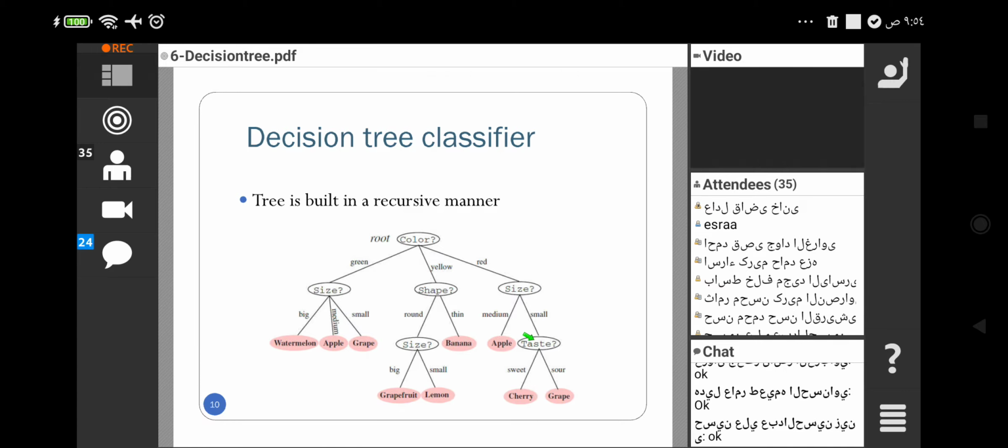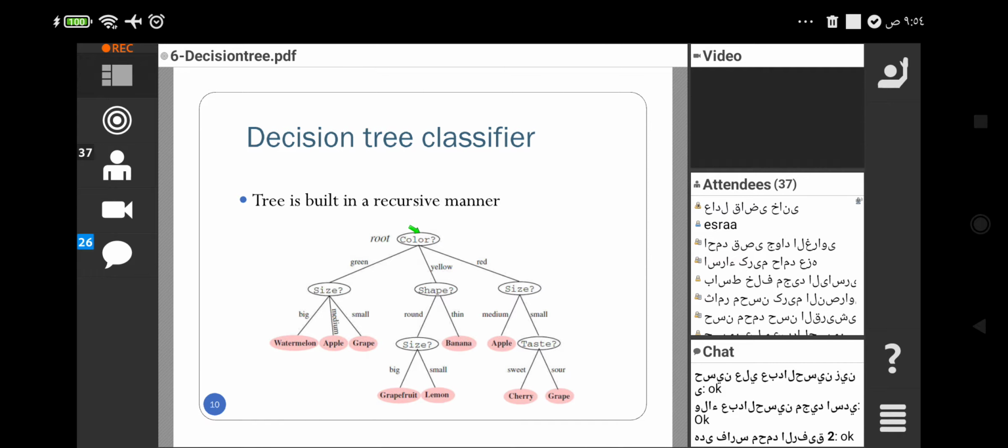In this tree, here we have color in the root node, then we have size here, then we have taste. So you see that in this branch of the tree, three of the attributes are used: color, size, and taste.